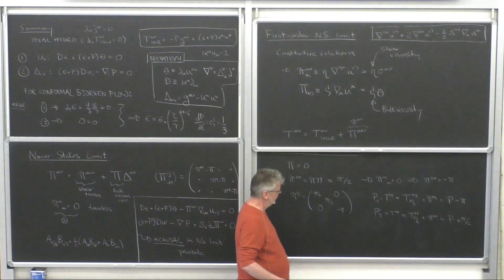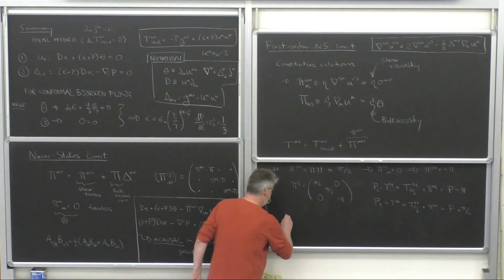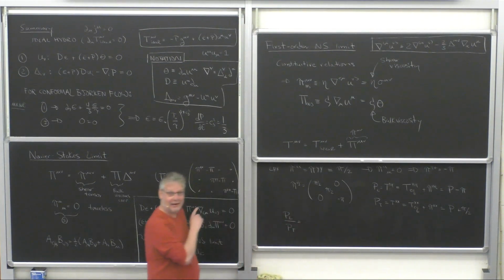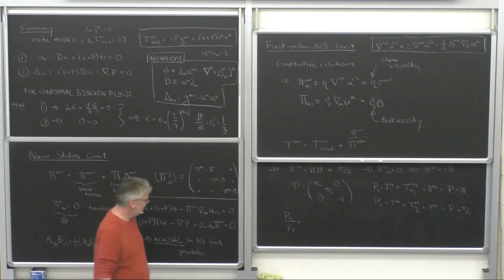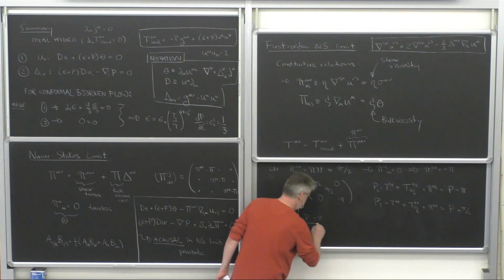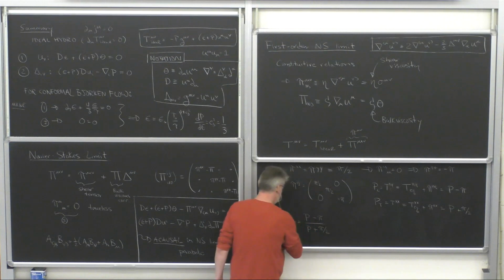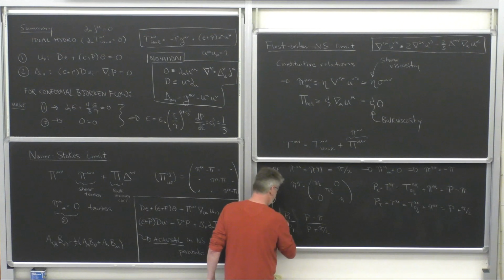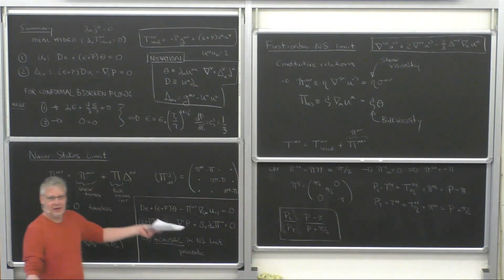And then we can immediately write down this pressure ratio, the thing that I was plotting over and over again yesterday. It's the pressure minus pi over pressure plus pi over 2. And this is actually general for Bjorken flow, so I don't need to write Navier-Stokes yet. So that's general for Bjorken flow.